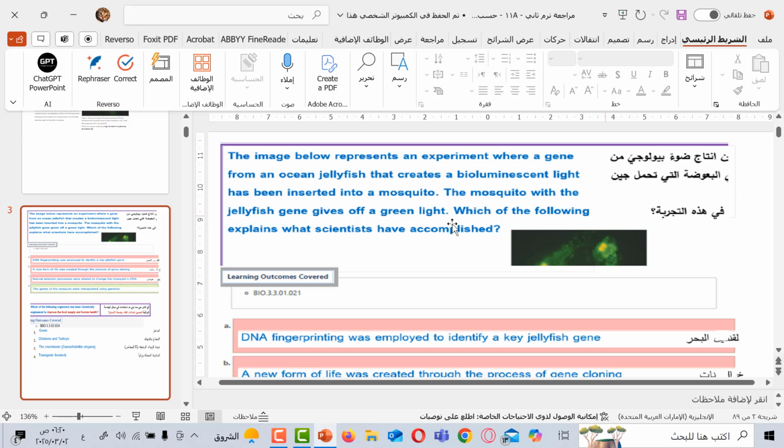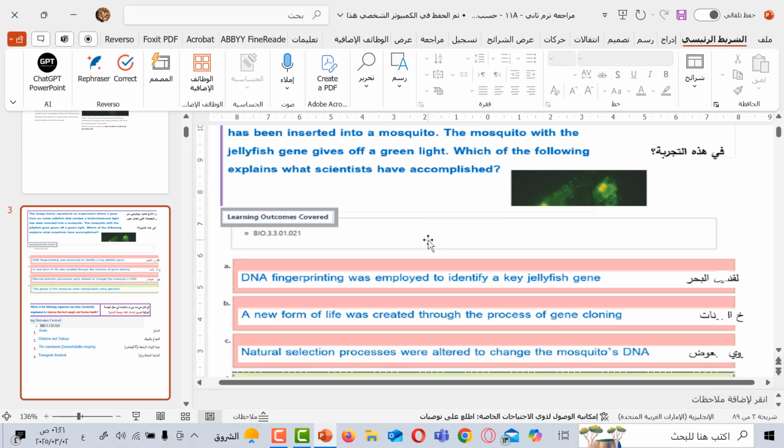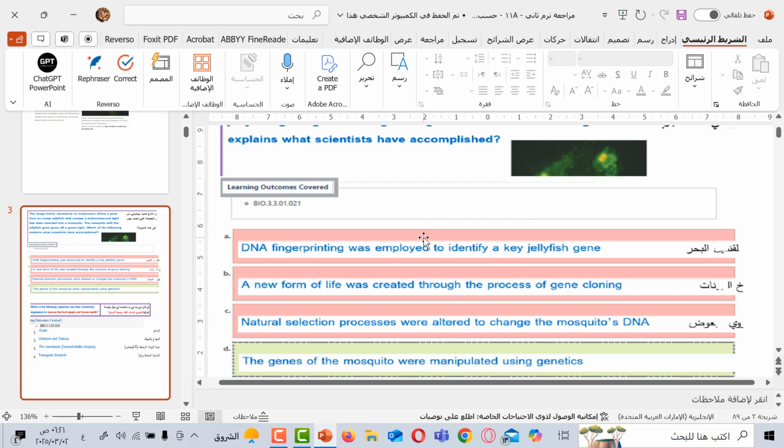The mosquito with the jellyfish gene gives off green light. Which of the following explains what scientists have accomplished? If we see here, we see many choices.